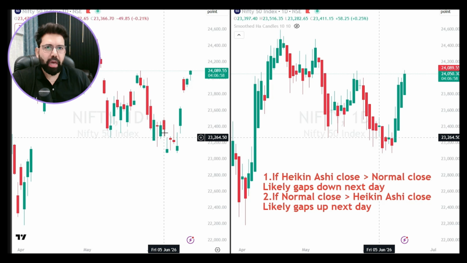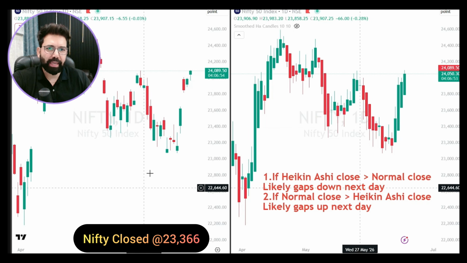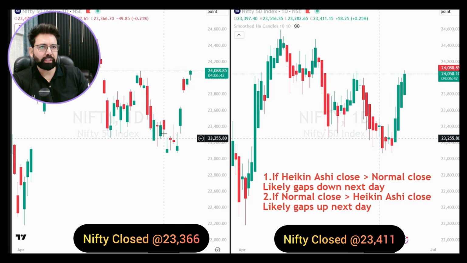How does it work? Now here what you can see is that on 5th of June, exactly here, the normal candlestick shows the closing of 23,366, wherein the Heikin Ashi on the other chart shows the closing of 23,411.